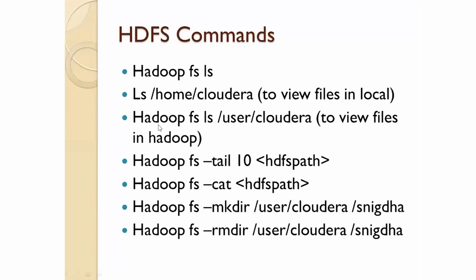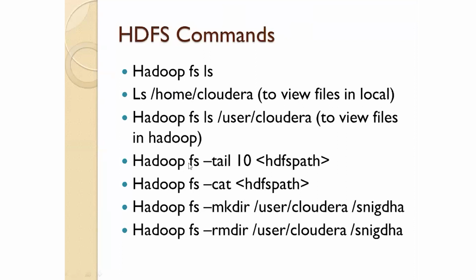And what is the home directory in Hadoop HDFS? It will be something like root, user, and the username. So here there is no home. Here it will be user for Hadoop, and for the local system it will be home. That is the main difference you have to observe, whether you are in the Hadoop environment or your local system.